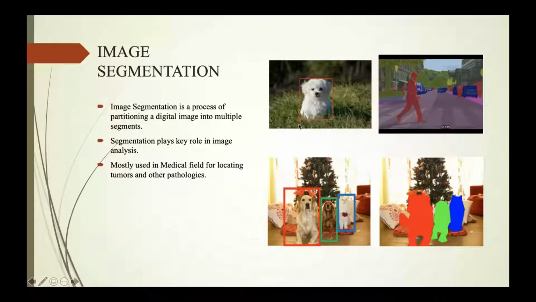Whenever we need to process anything, there is no need to process this unwanted 70% of the data. When we divide it into segments, the dog will be separated and the background will be separated, so it will be very cost efficient to do image segmentation.